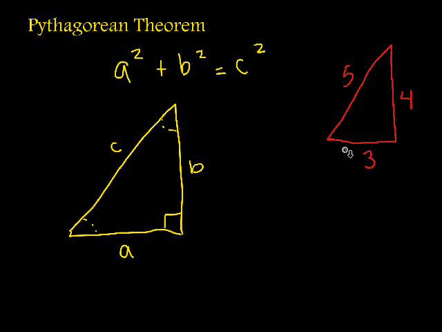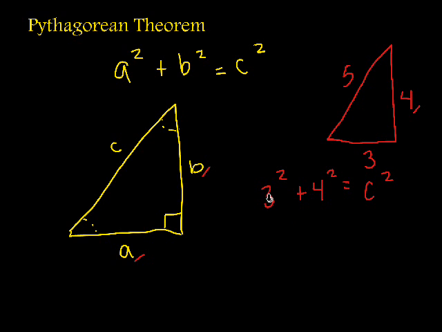You say, well, how do you figure that out, or how do you prove that? Well, if you use the Pythagorean theorem itself, 3 squared, which is what the A would be, plus b squared, which is this side, 4 squared, you can work the equation out.